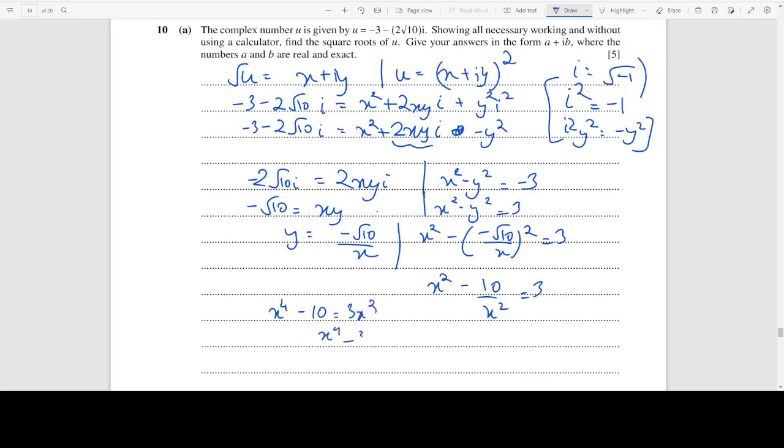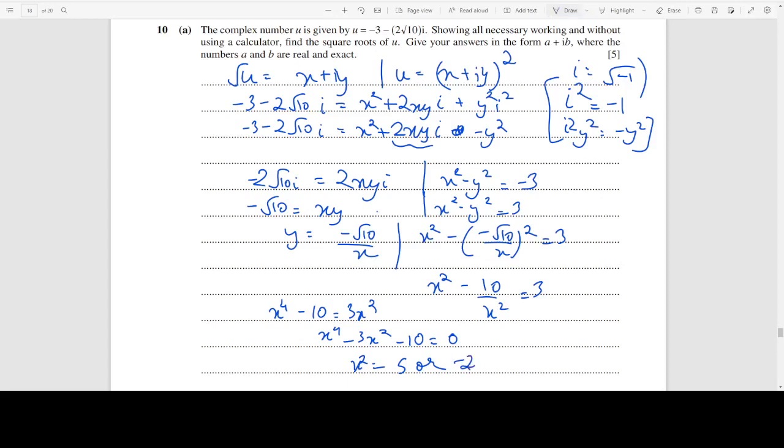So x raised to 4 minus 3x square minus 10 equals 0. Now we can just solve it quadratically, and we'll get x square equals 5 or negative 2.